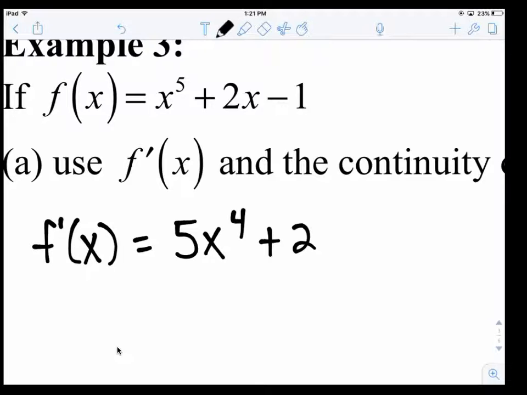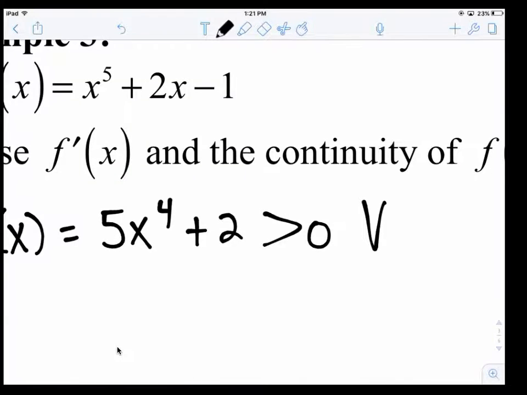Positive, right? So if your derivative is always positive, that means that this function is always going up. So this is greater than 0 for all x, which means all x in the set of real numbers.